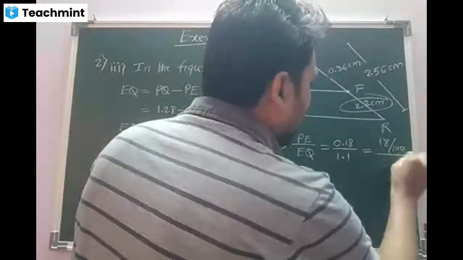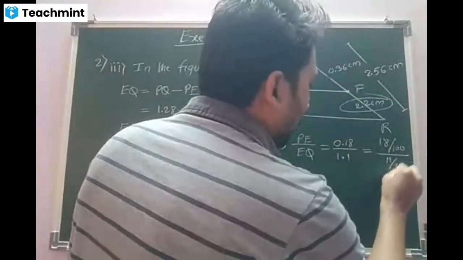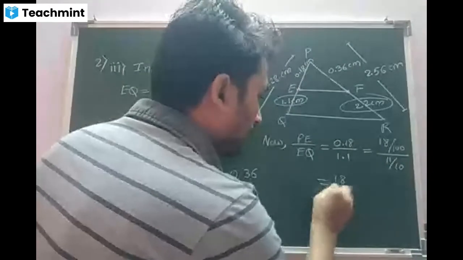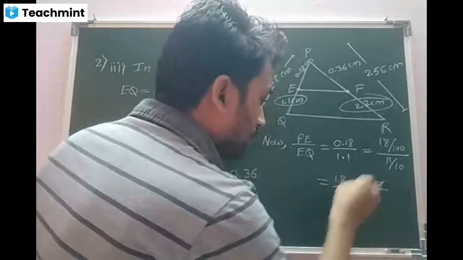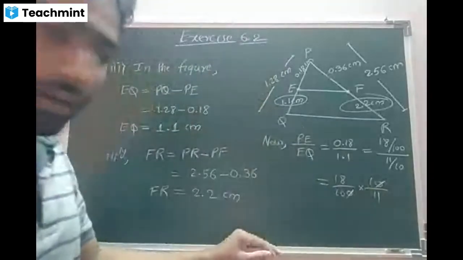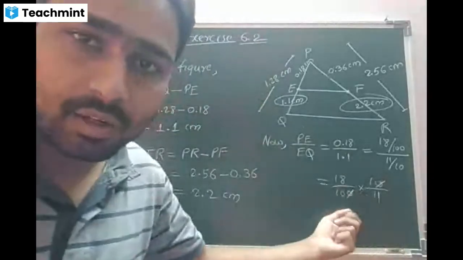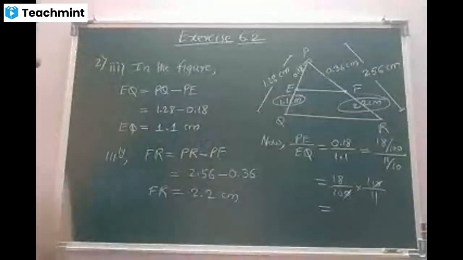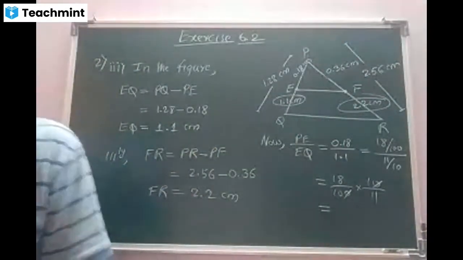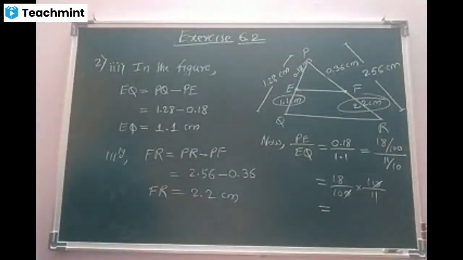18 by 100, it is 11 by 10. If I want to solve it, 18 by 100 into 10 by 11. This 0 is getting cancelled. Beta, solve and tell me the answer. Quick, how much will you get? Decimal value. Fast. 0.16, sir.